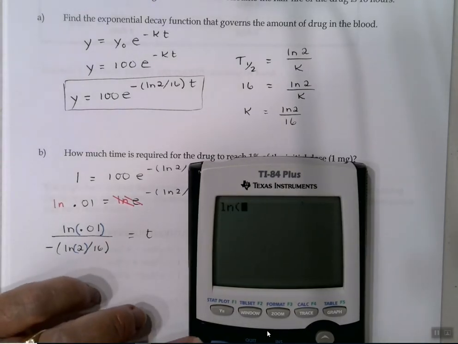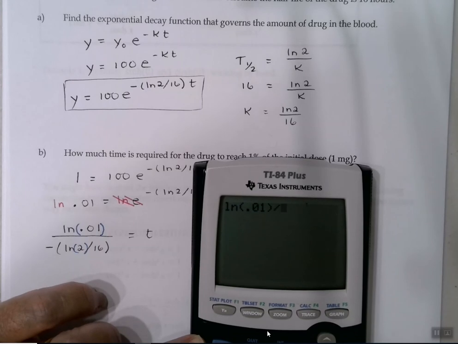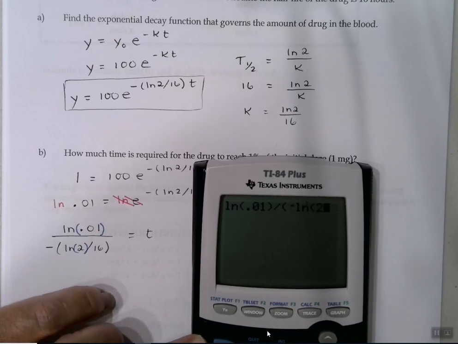So if I take the natural log of 0.01 and divide by negative, actually, let's use a parenthesis here. Negative natural log 2, parentheses, over 16, and then end my denominator.